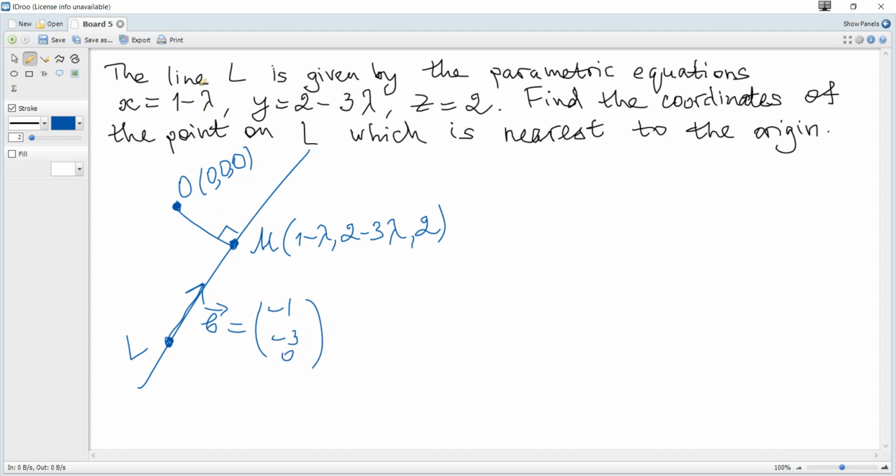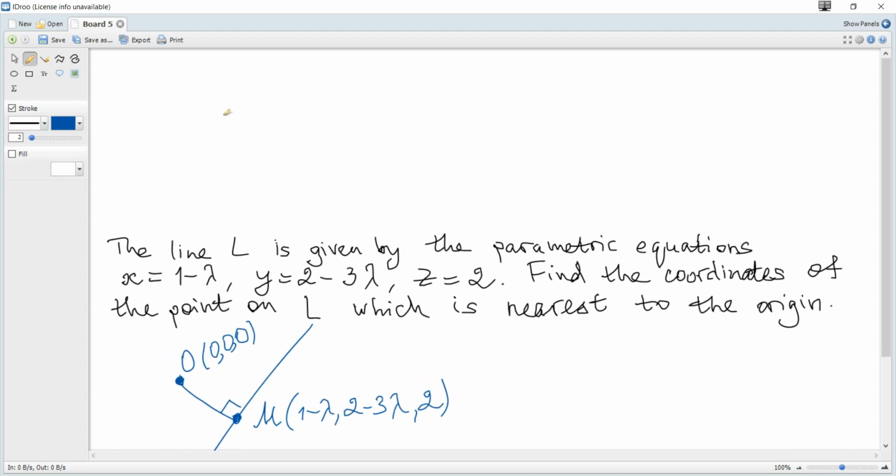It's just the coefficients in front of lambda, because the line can be rewritten as a position vector of any point on a given line x, y, z.